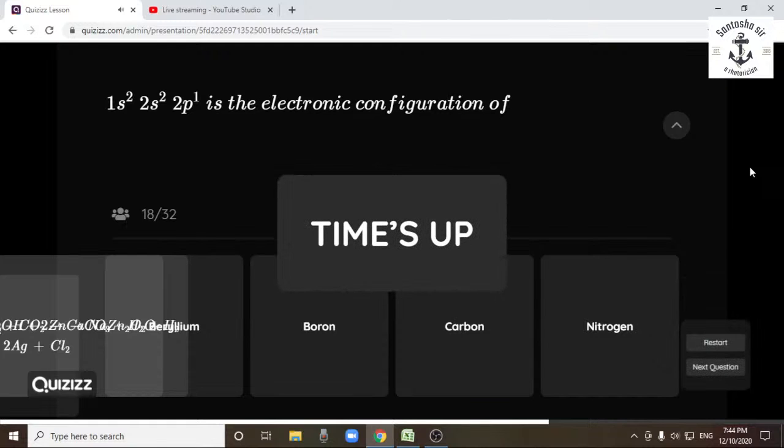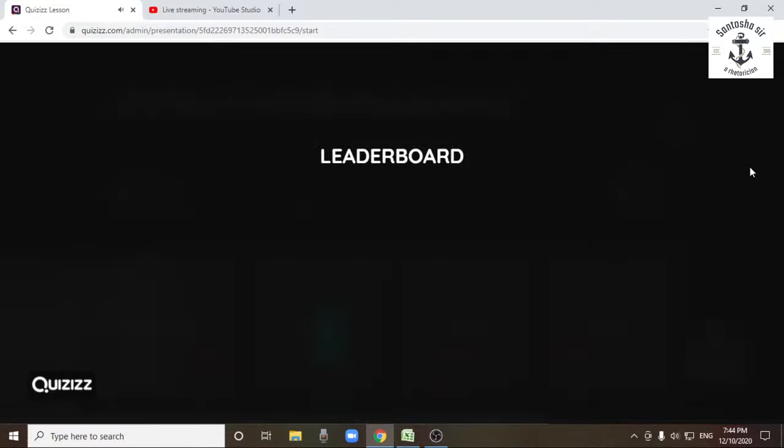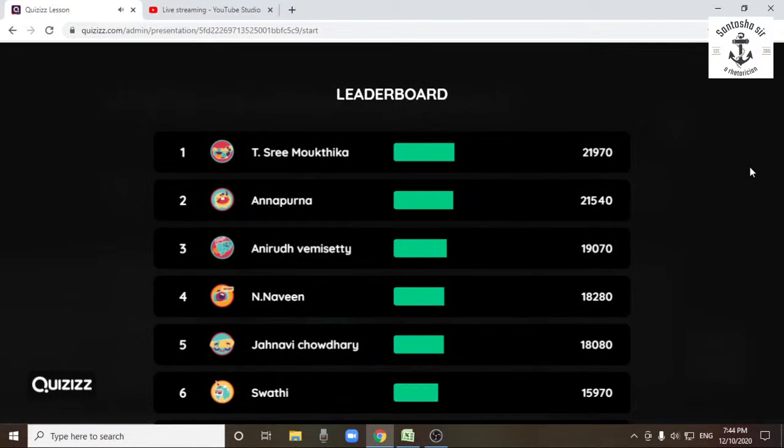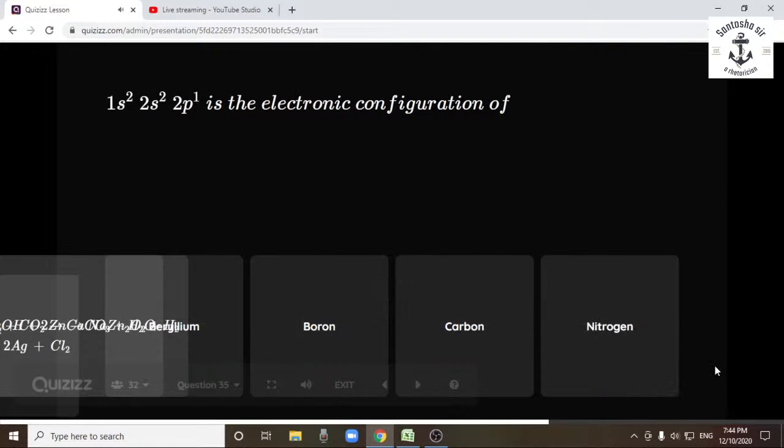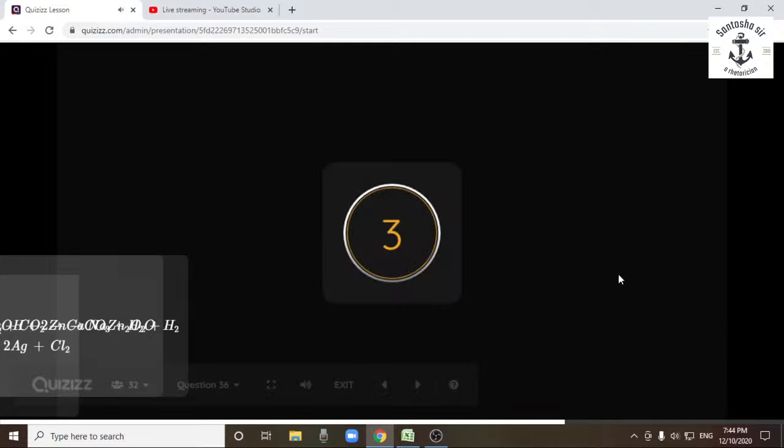Let's check the scores if there is any change. Mauktika, Annapurna, Anirudh, Naveen, Jahnavi, Swati. 11 members answered this question right. Moving on to the next question.